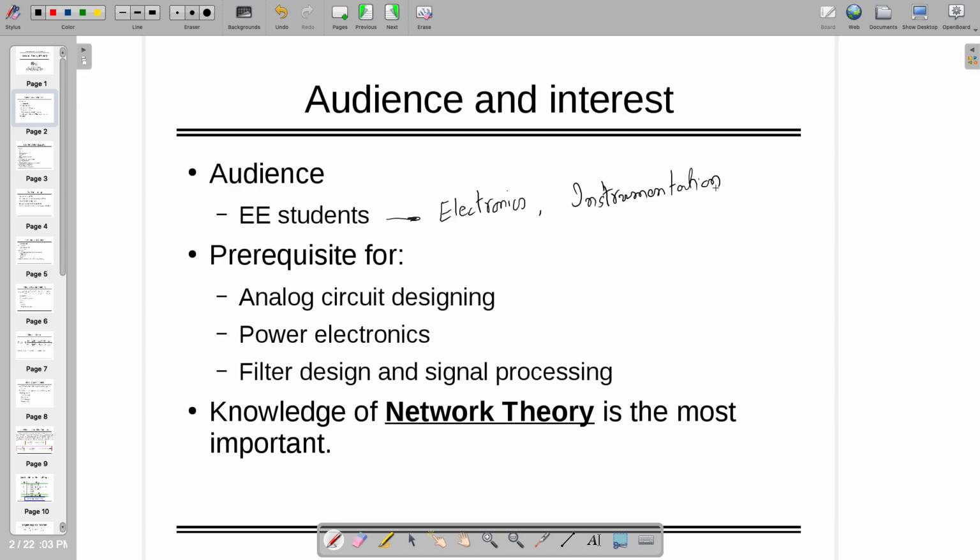This is actually a foundation course for many good courses like analog circuit designing and power electronics. If you want to go to filter design or signal processing, in all such courses you need to know this course. So it's very important, it will be a prerequisite for all the courses. Without this you cannot do anything, in my opinion.